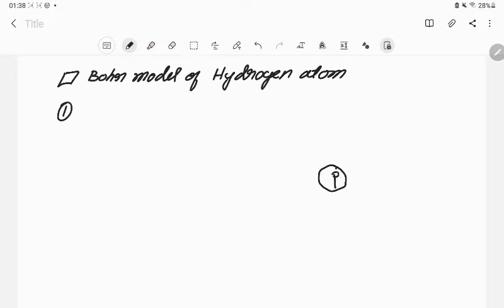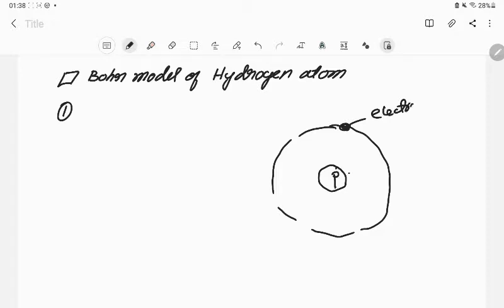So here in the nucleus, this nucleus is positively charged, so it has protons, and the electrons are revolving around the nucleus with some velocity v.